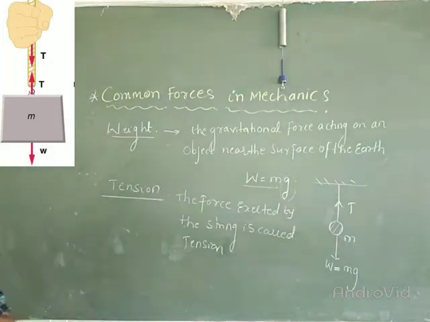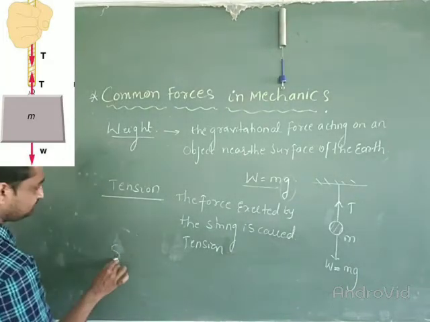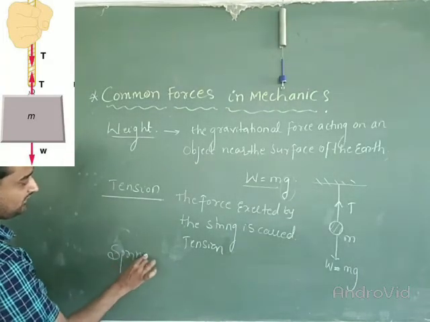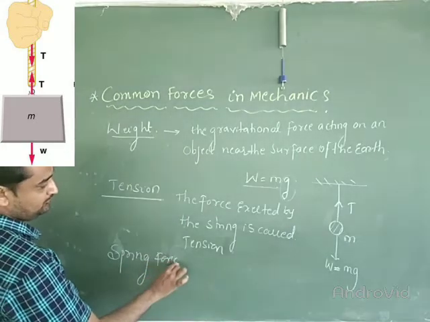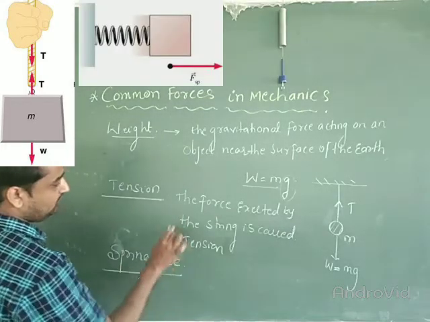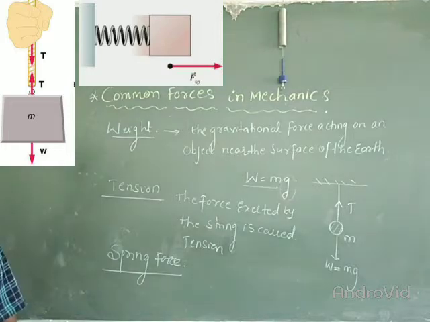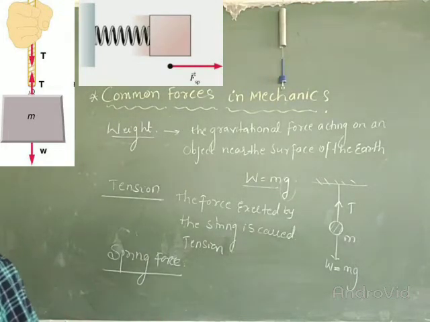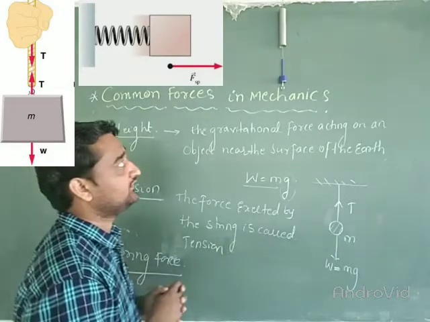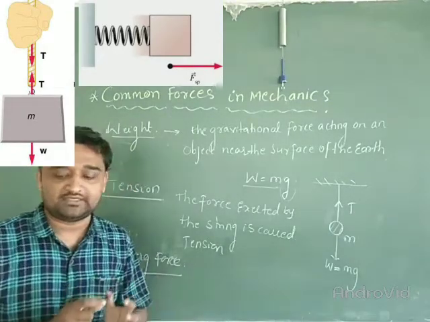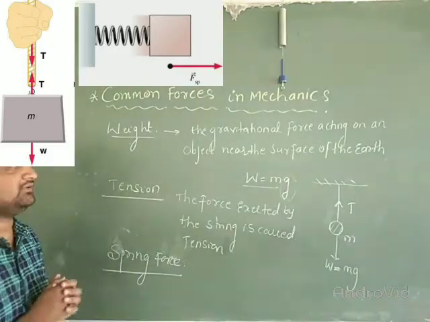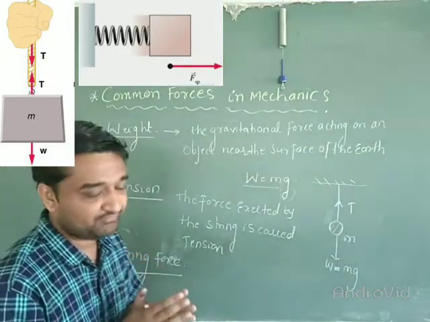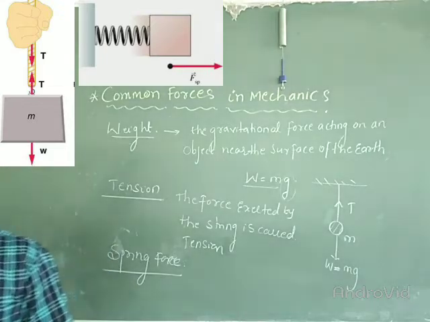Now the third one is the spring force. What is meant by spring force? A compressed or stretched spring develops a force to retain its original position, and that is called the spring force. So now we have compression and stretching.